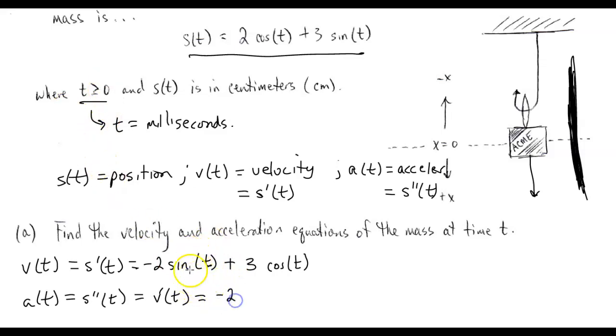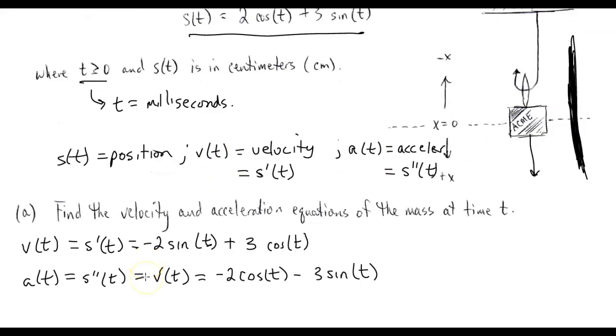So we ignore the minus 2, and we know that the derivative of sine is cosine, and plus, ignore the 3, the derivative of cosine is a minus sine, so we'll replace this plus with a minus, and do sine t. So now we have our velocity and acceleration equations to try to describe the property of this particular system here as it vibrates, this mass as it bounces up and down.